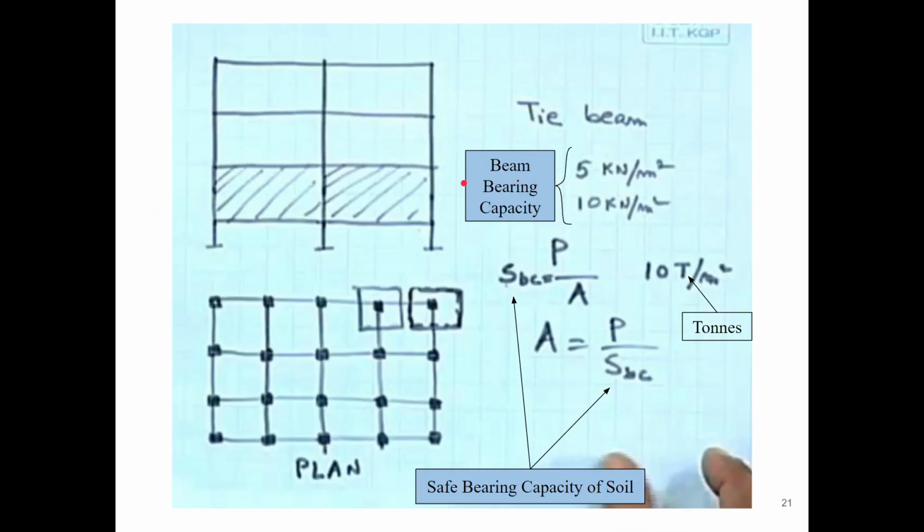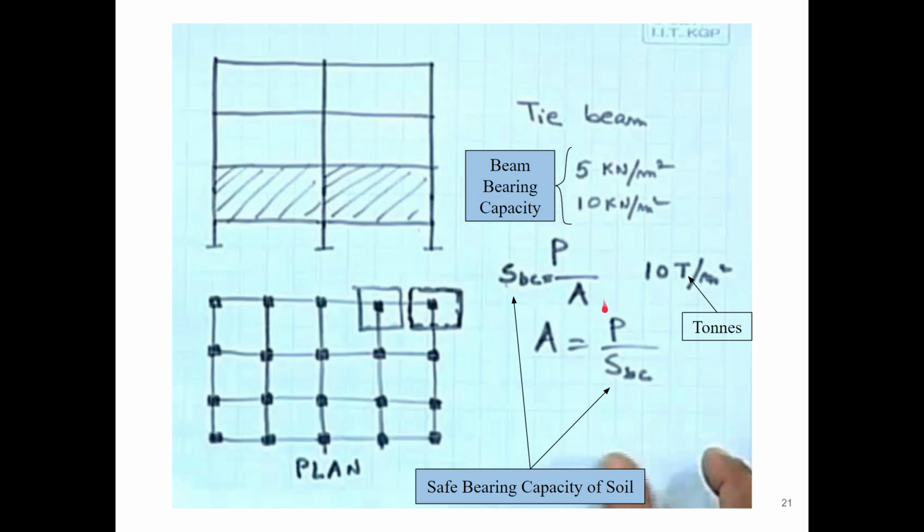Okay, so if we see this case, a few terms there will be, such as the soil bearing capacity or the soil safe bearing capacity, which is SBC. That is equal to P by A, that is, the load acting on the footing from the column divided by the area, right?